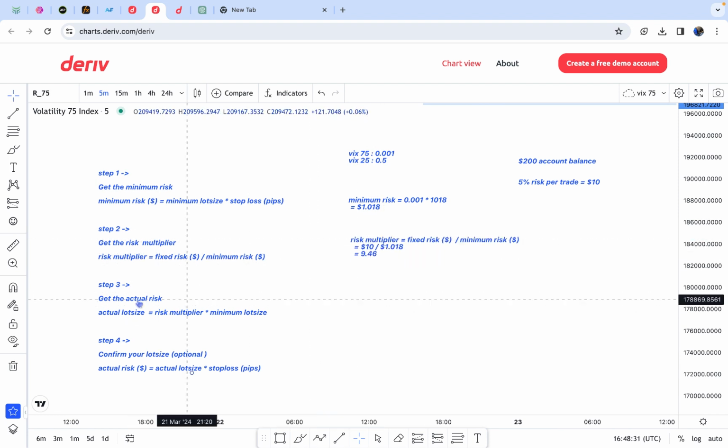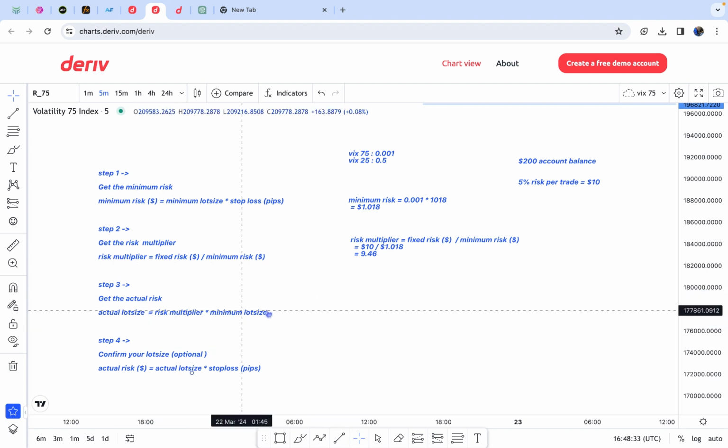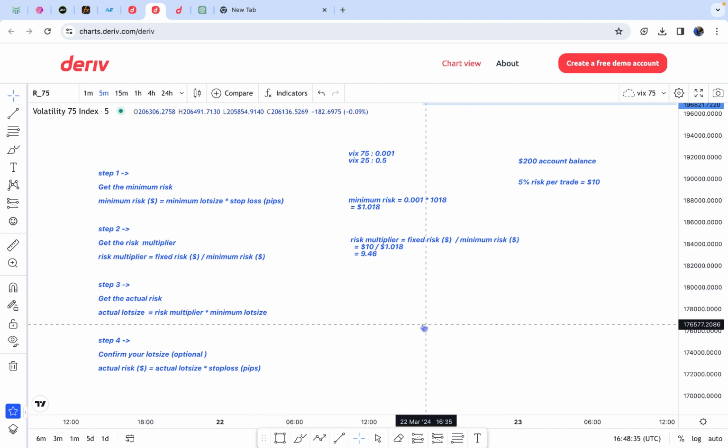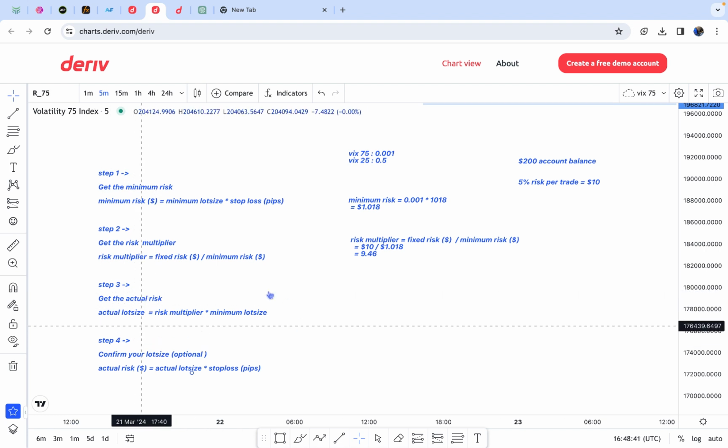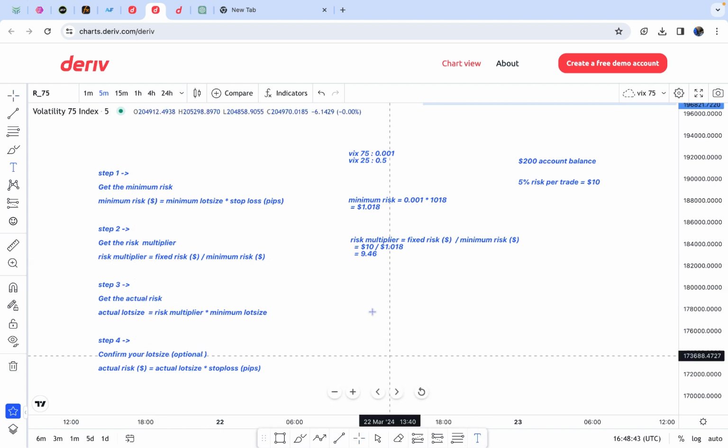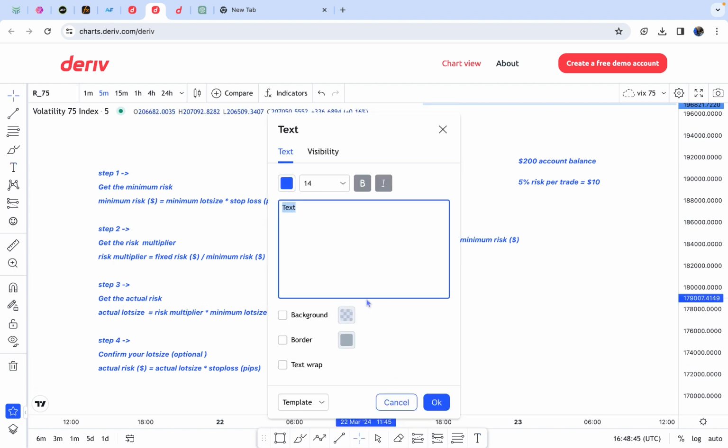Now for step 3, to get the actual risk, we want to know how much we are actually risking. So for us to know the actual amount we are risking, we want to know the actual lot size we're using, guys. So for actual lot size, it's very, very simple. So just say actual lot size is equals to our risk multiplier. If you recall, our risk multiplier is 9.46.